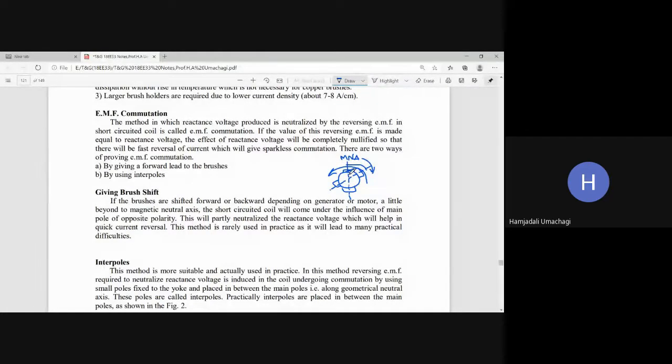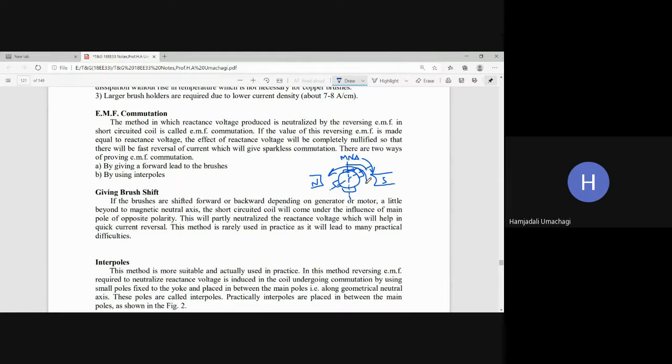By moving the brush position forward or backward with respect to the MNA position, some of the conductors will come under the influence of the opposite pole. If earlier it was in the north pole, some of the armature conductors will now come under the influence of the south pole.